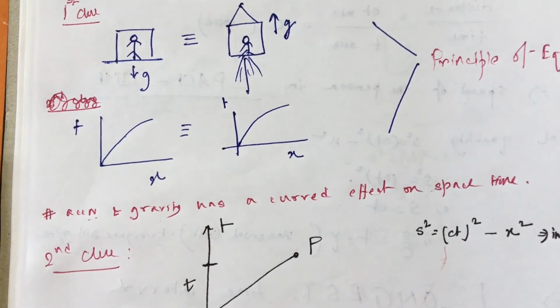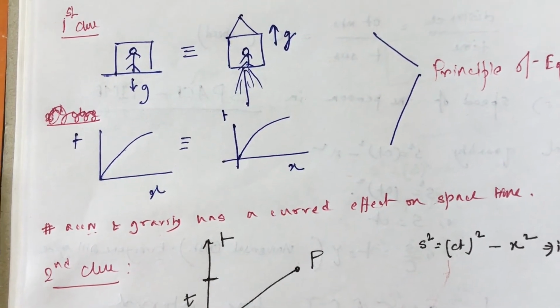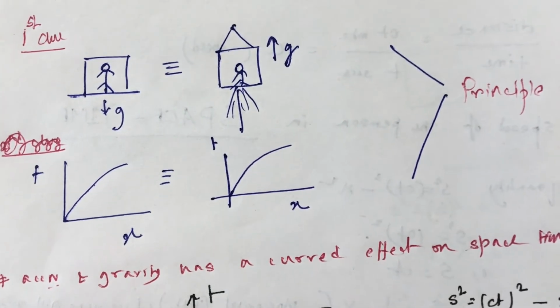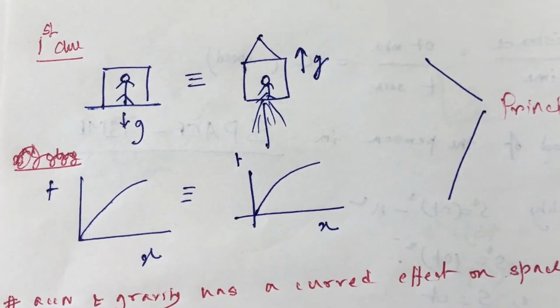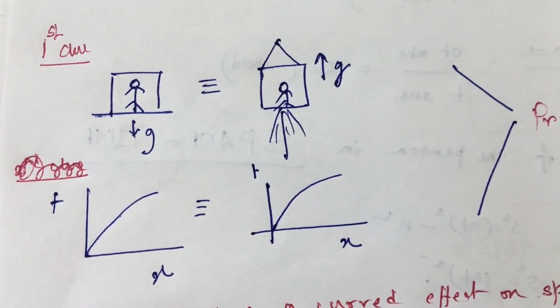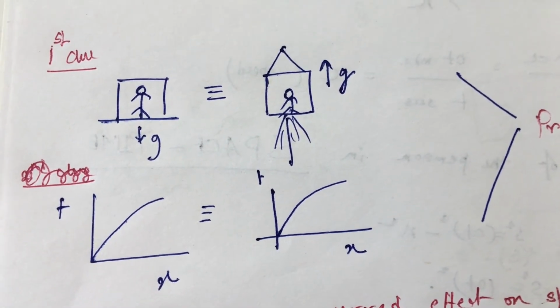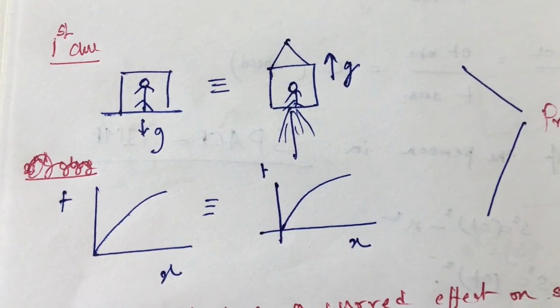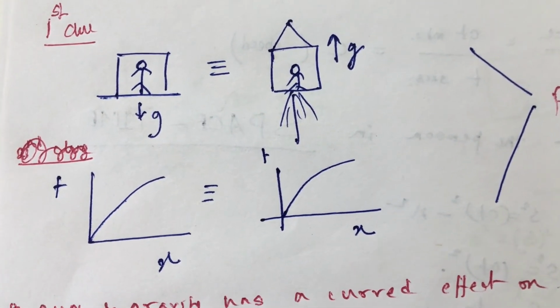Now let's think about the equivalence principle, which will give us a clue of curvature of space-time. This I have already discussed in my introduction to general relativity video.